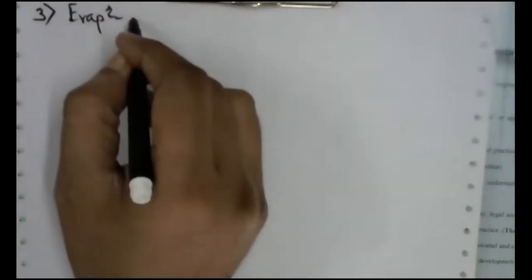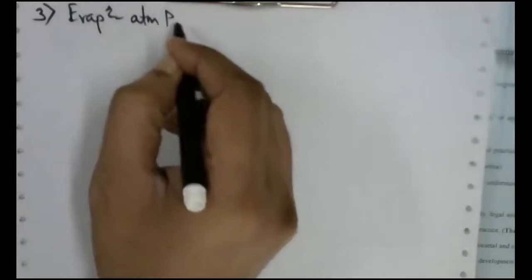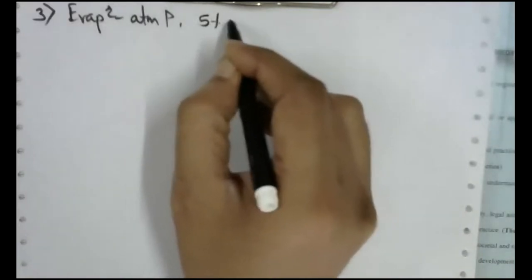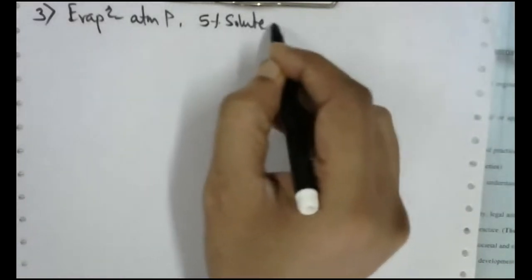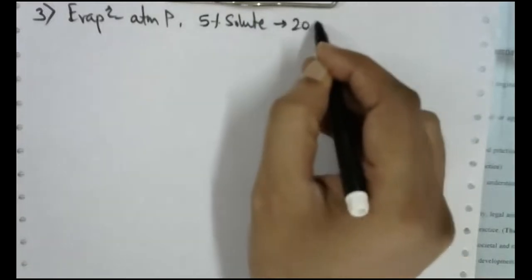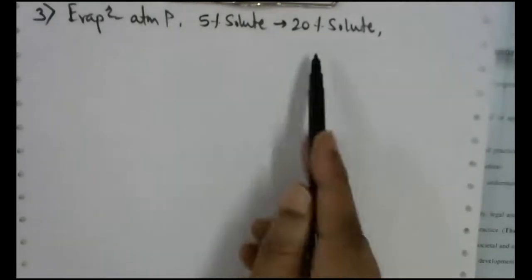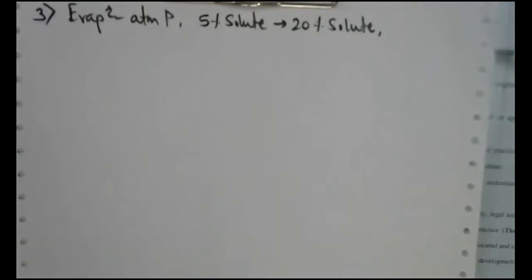It is desired to concentrate a feed from 5% solute to 20% solute. So in this evaporator, the concentration is increasing from 5% to 20% by weight.